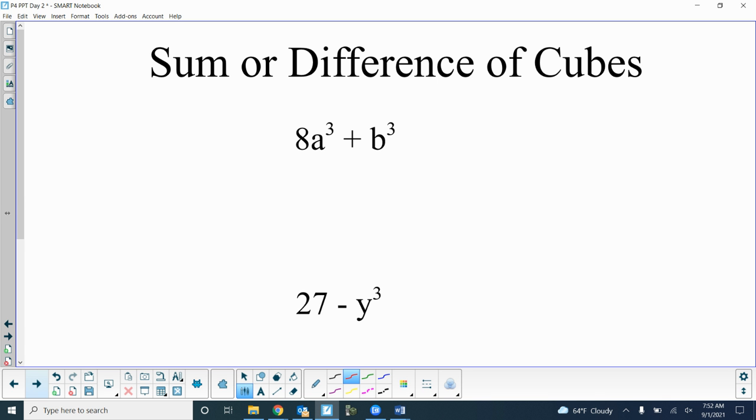All right. Next type. Sum or difference of cubes. Number 3 on our steps or process for factoring. Again, always look for a GCF. Is there one? No. So it's got 2 terms, and they're both perfect cubes. Any variable to a multiple of 3 power.